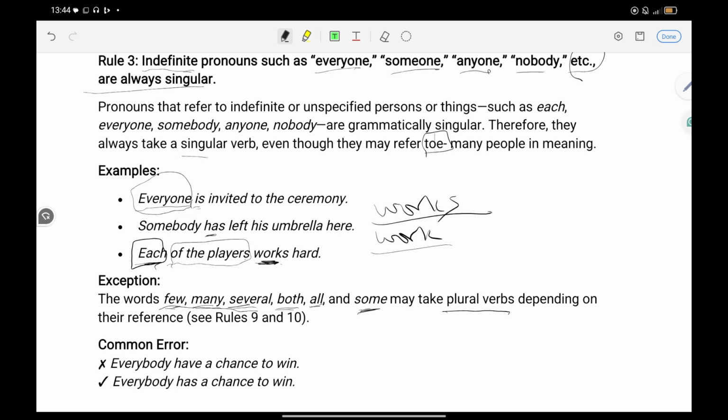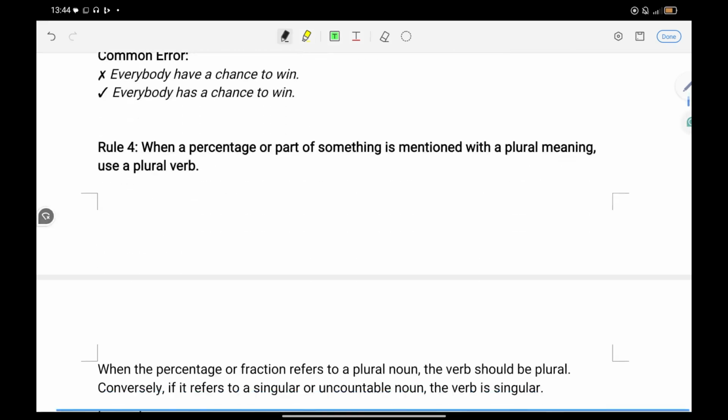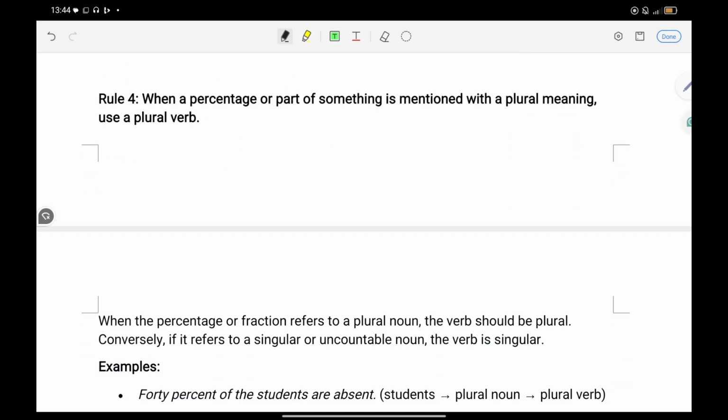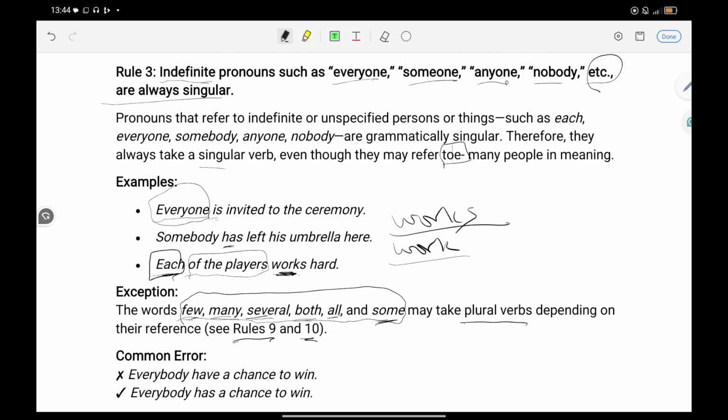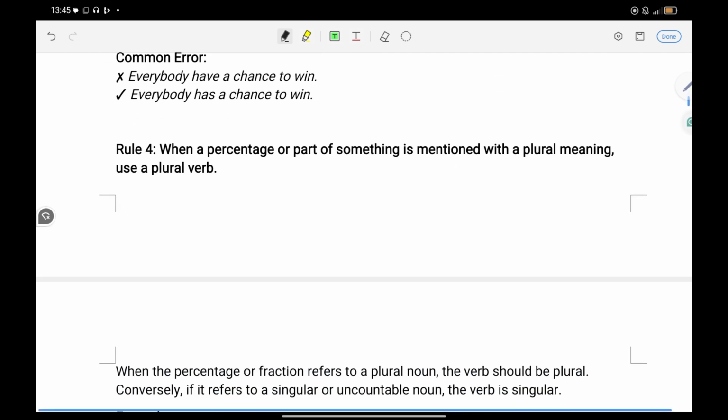These ones can be treated as singular or plural depending on what they are referring to. We'll treat this under rules 9 and 10. Let's not jump the gun. I'm only saying that there are exceptions to this rule number 3. Alright, let's move on. The next one is rule 4.